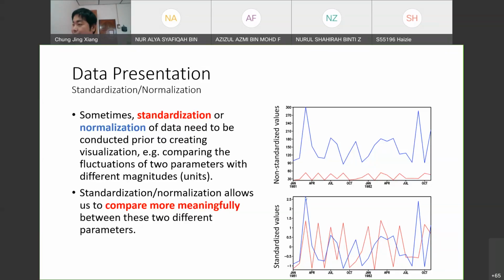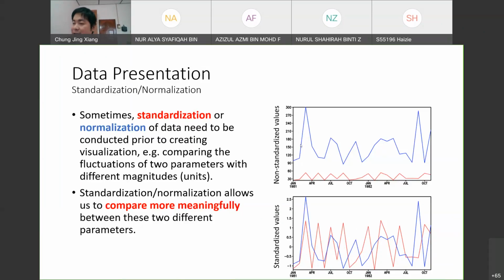If you do a standardization here, now the values fluctuate around the 0 line. So you can see the variability, or the variance, of the data is actually comparable if we standardize our data, and it makes us able to compare between blue and red.